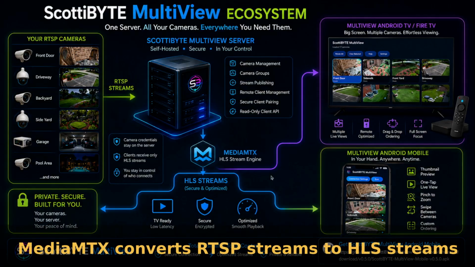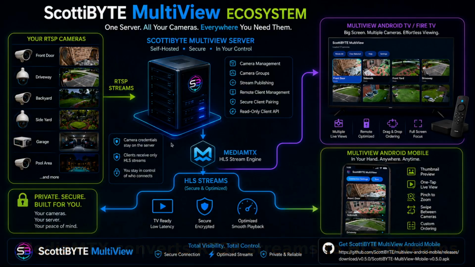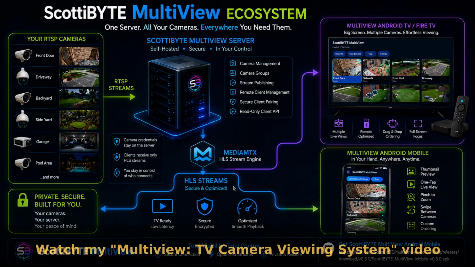Media MTX is an HTTP live streaming engine, otherwise known as an HLS streaming engine. It converts these streams to very efficient HLS streams, and then redistributes them to the applications.